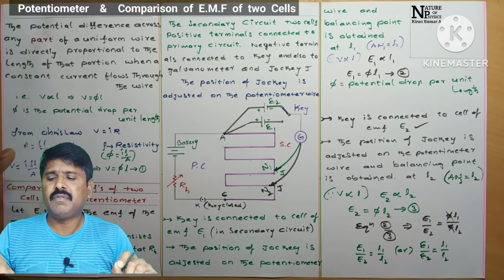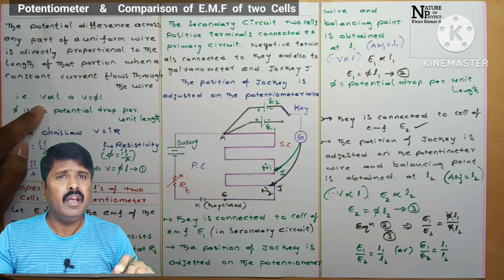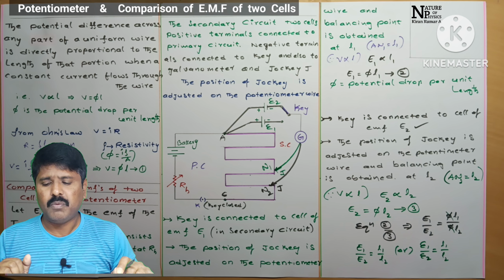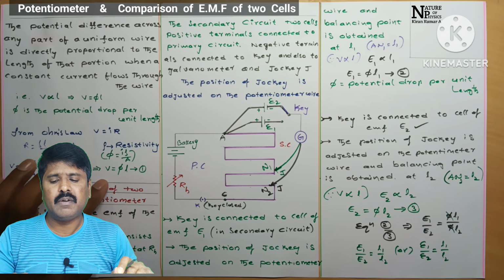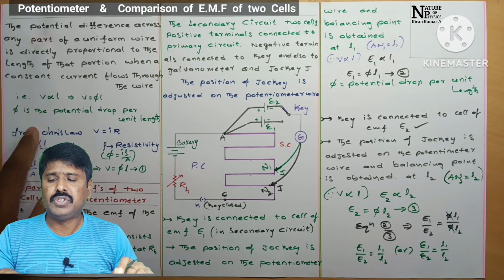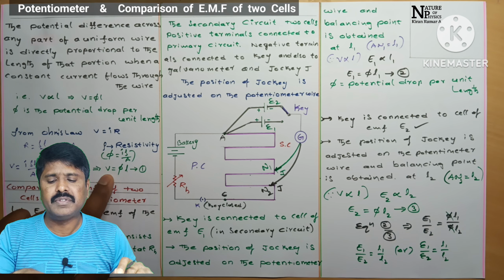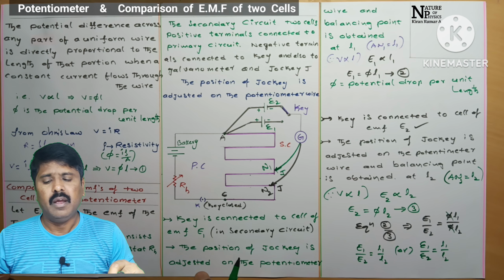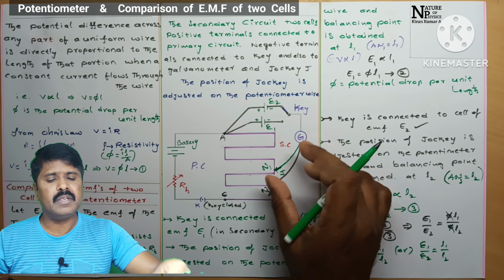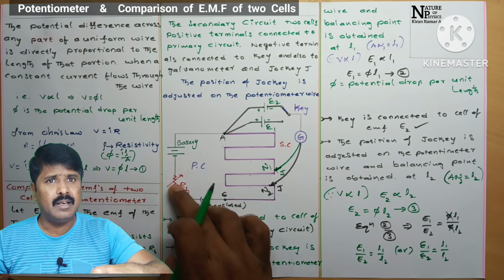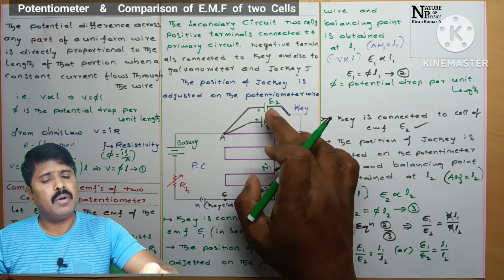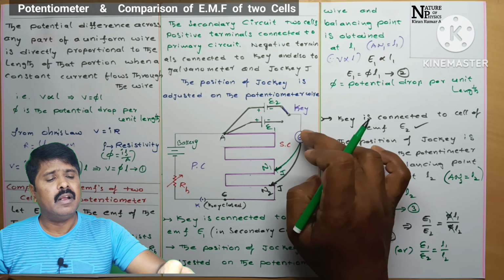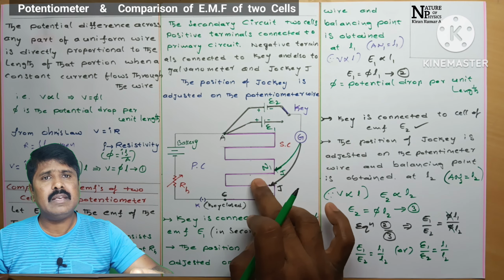The simple basic formula: the potential difference across any part of the wire is directly proportional to the length when current is constant in a wire. The proof I also gave you. Phi is the potential drop per unit length, so potential difference equals phi into L, which is equation number 1. The primary circuit has a battery, rheostat and key in series combination. In the secondary circuit, any one cell can be connected, with galvanometer, jockey and key also in series combination.